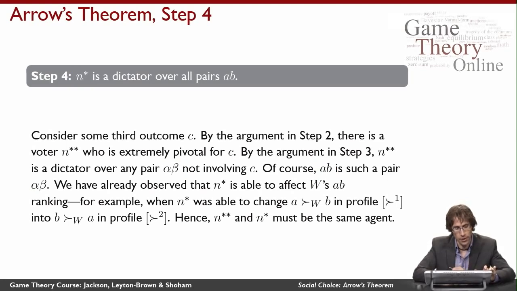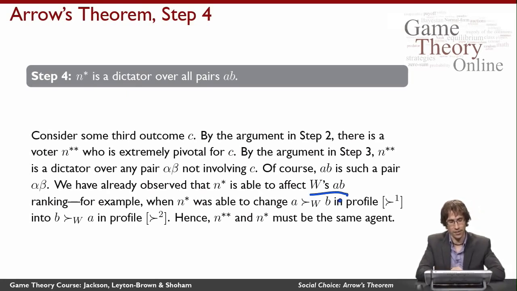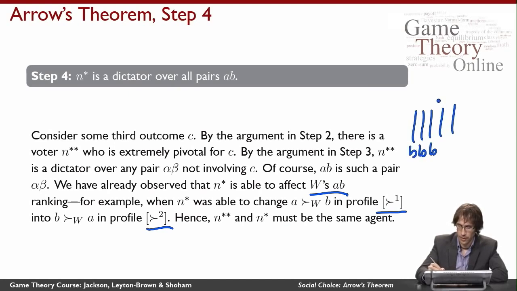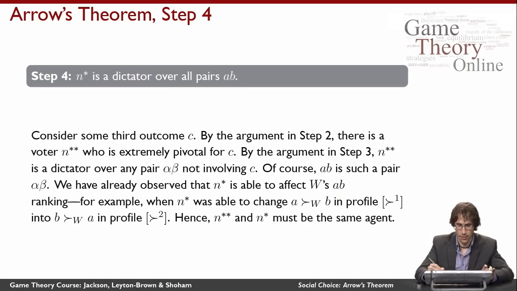But notice that I've already observed that n star is able to affect the way that W relatively ranks A and B. For example, we saw this in the movement from the profile pref 1 to pref 2, right? We had this ranking where B was at the top for a couple people, it was at the bottom for n star, and it was at the bottom for other people.